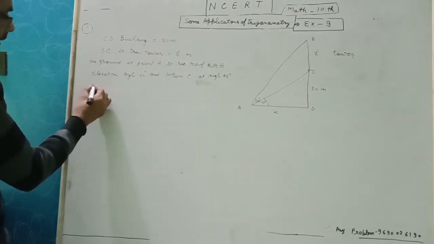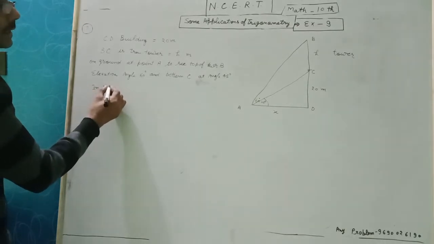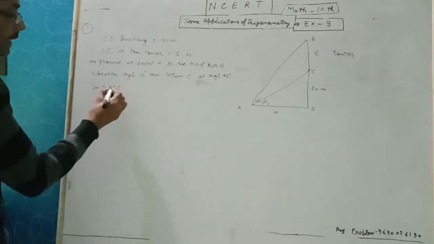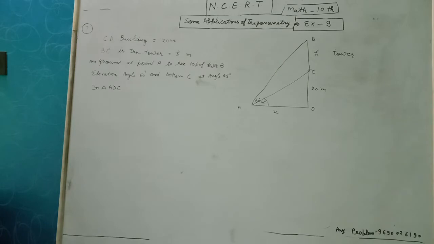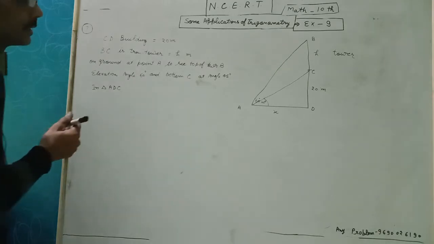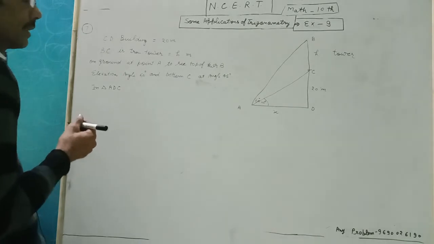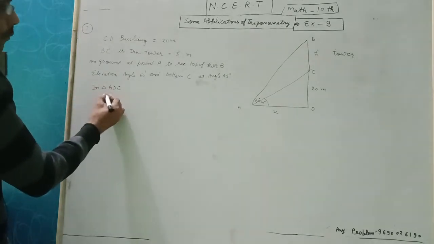In triangle ADC, D is 90. So AC is hypotenuse and DC is perpendicular, AD is base.